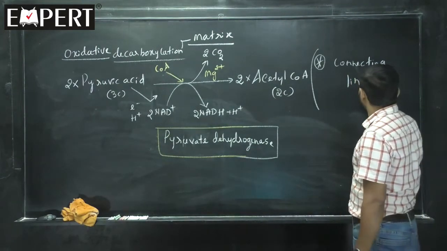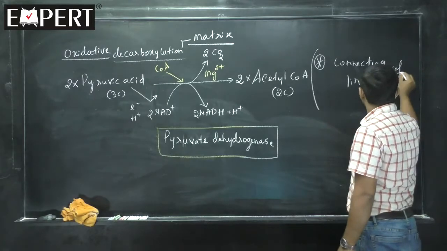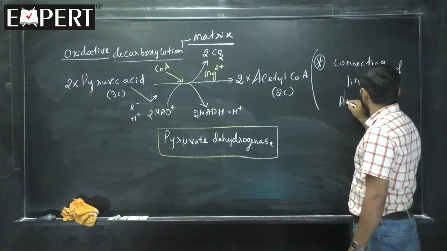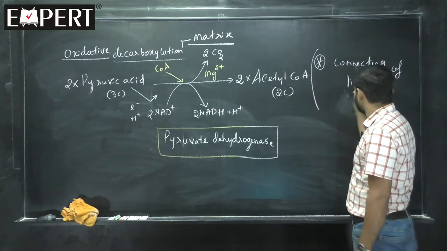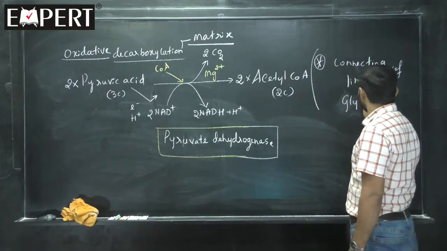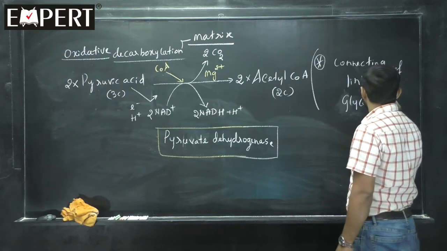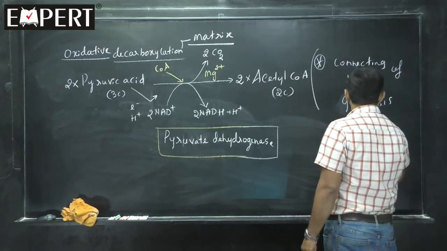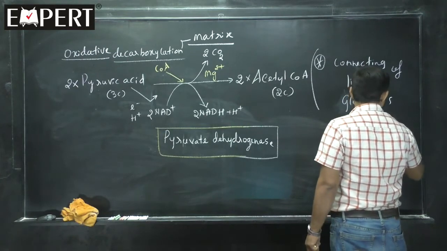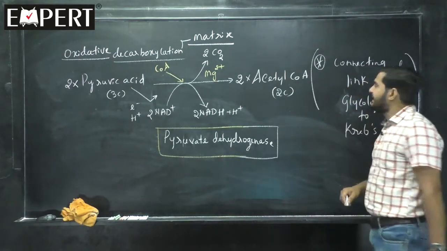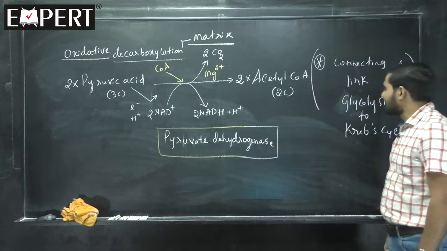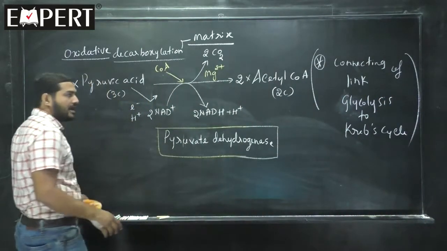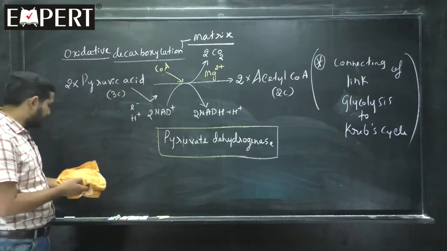So, it is a connecting link of glycolysis to the Krebs cycle, whose name is acetyl-CoA, having 2 carbons. Please remember the carbon number.